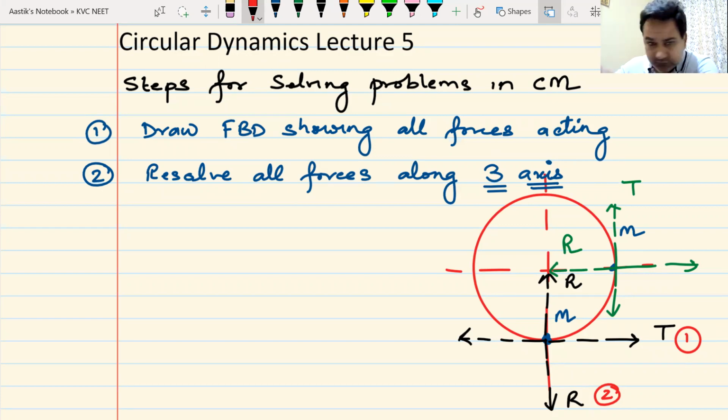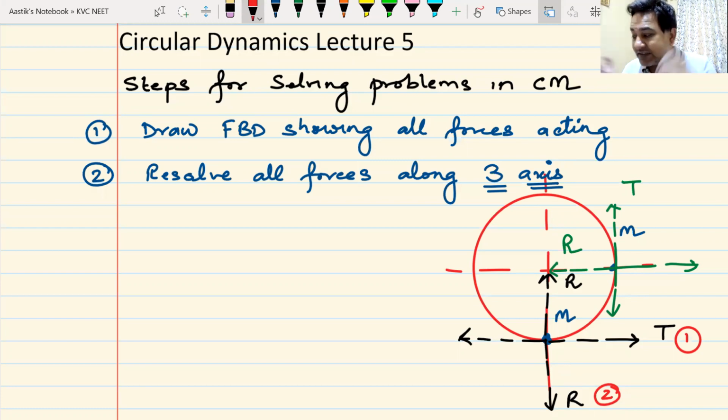Right now, you can see this diagram. Perpendicular to the body, Teja says. What body? If you're talking about a body, there can be an infinite number of perpendicular directions, like this, like this. Which direction, Teja, are you talking about? Give me the answer in terms of circular motion. This body is performing a circular motion.